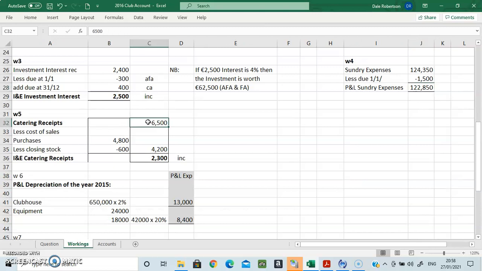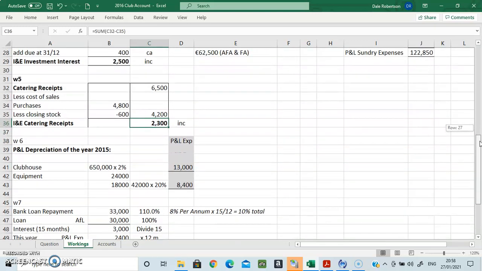Catering, we do have catering receipts. You just take away catering purchases, but before you can do that, you need to take off your closing stock because you do have a closing stock of catering. So therefore, 4,800 take away closing stock. Actually, the cost of sales for catering is 4,200, leaving us with a profit of 2,300. How do we do depreciation?